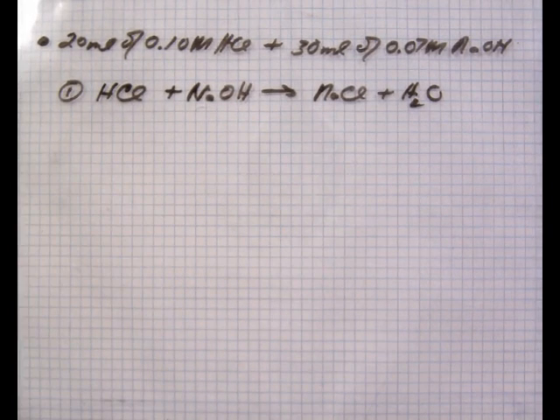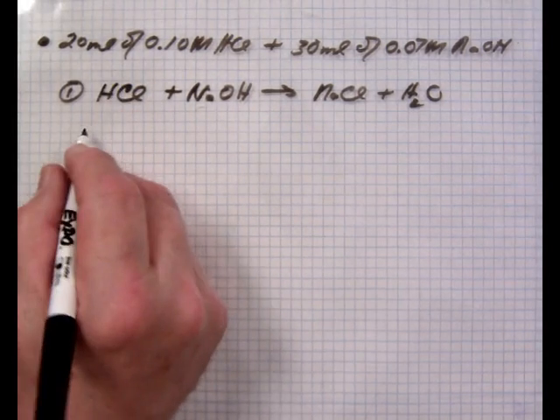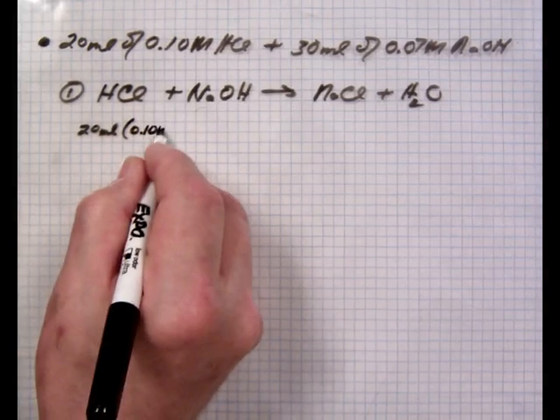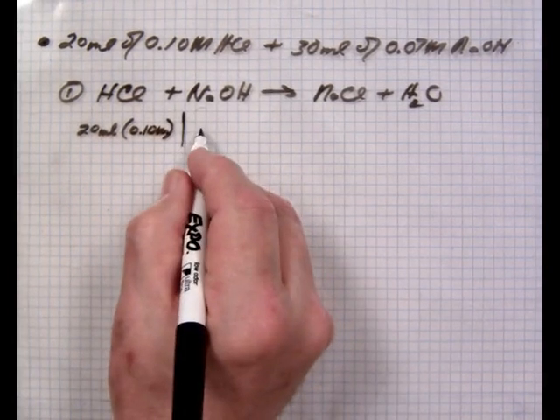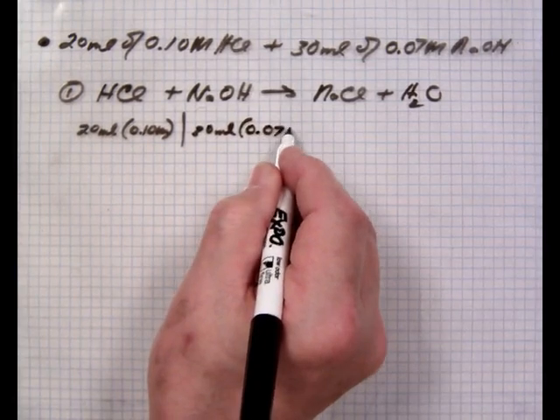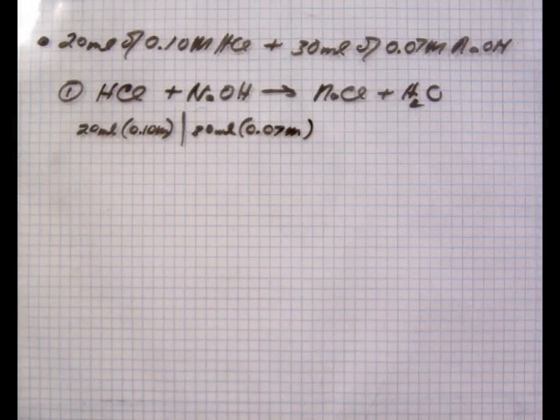Balanced is a 1-to-1 reaction ratio, right? And so we got 20 milliliters of 0.10 molar acid reacting with 30 milliliters of 0.07 molar sodium hydroxide.